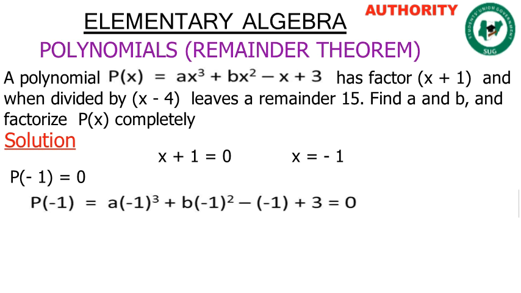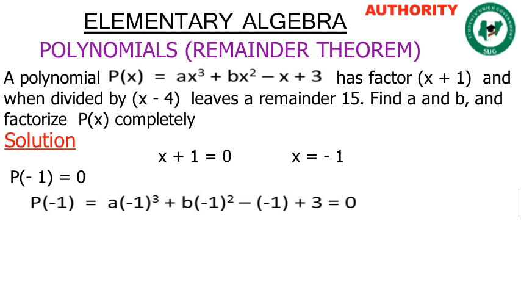That is our function: anywhere we see x, we replace it with our value for x, which is minus 1. So we have a, open bracket, minus 1 raised to power 3, plus b, open bracket, minus 1 raised to power 2, minus, open bracket, minus 1, plus 3 is equal to 0.